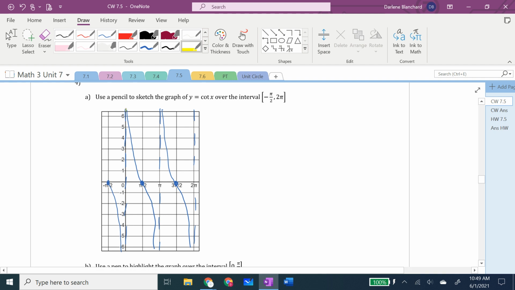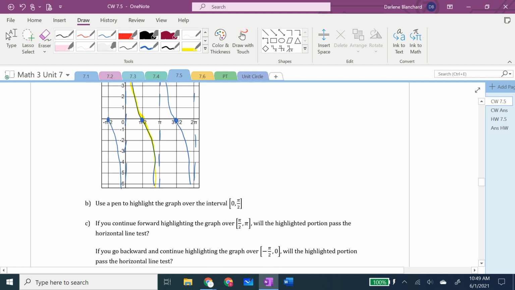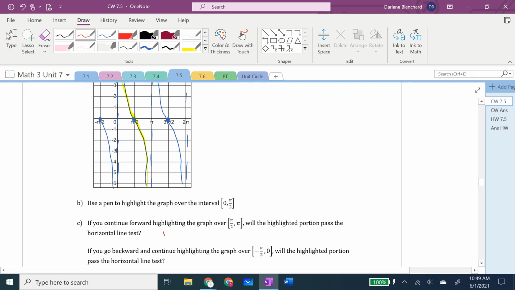And then if I highlight 0 to pi over 2, the question is, if I continue to highlight to pi, does it pass the horizontal line test? And the answer is yes.